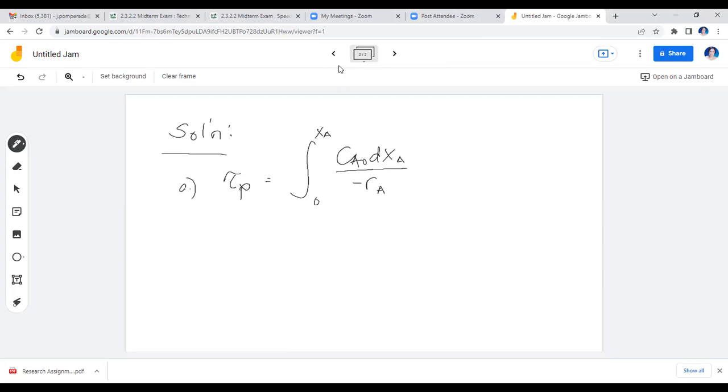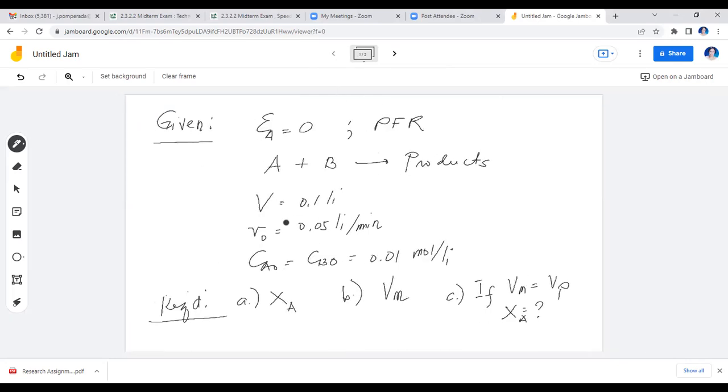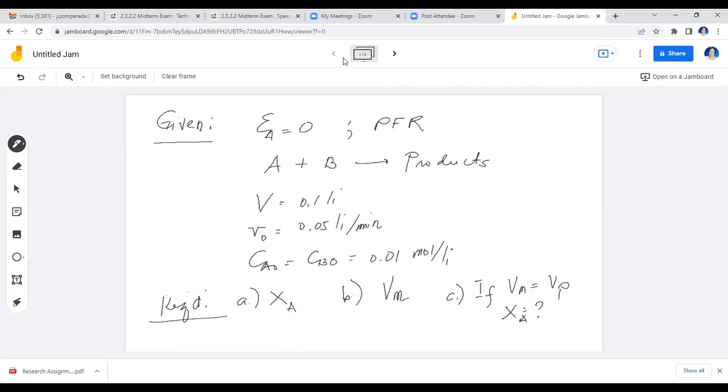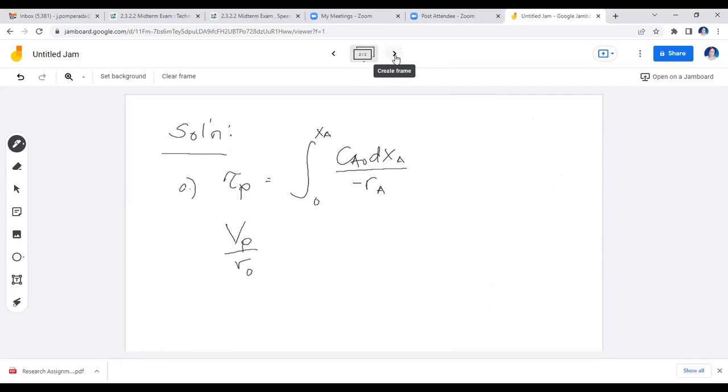Now, what do we need to write in here? We have already the V and the V sub O, so that could give us the space-time. So you have V for the plug flow over the V sub O. In our given, so as you will not be mixed up, since it's talking about the plug flow, we write a subscript P in the V. So we have 0.1 and 0.05.